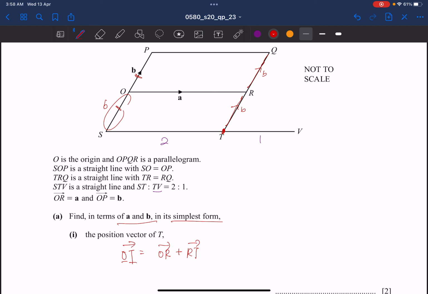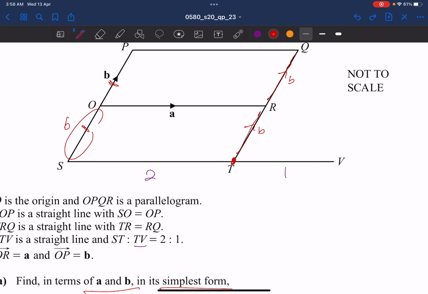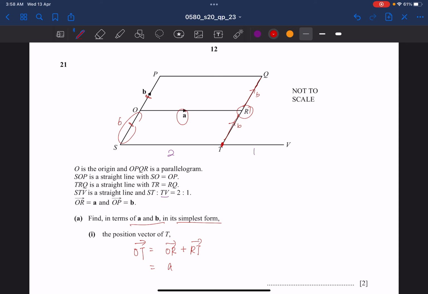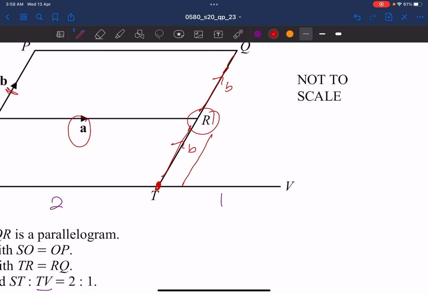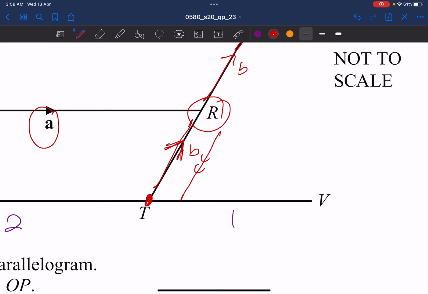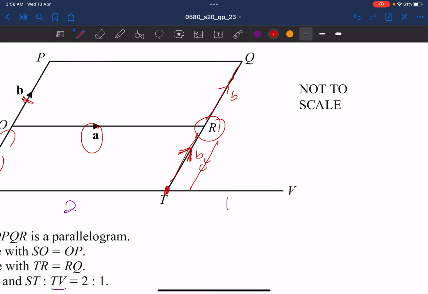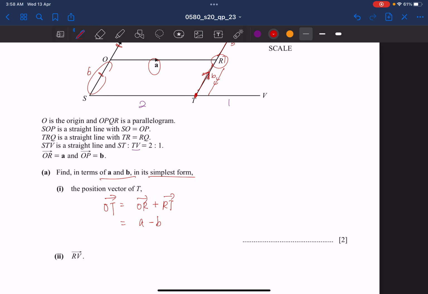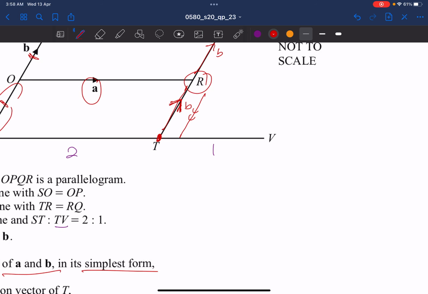From O to T, we pass through R, so R is our intermediate station. OR is A, and RT is this direction. B is going upper right, so RT is going lower left, so it should be negative B, opposite directions.